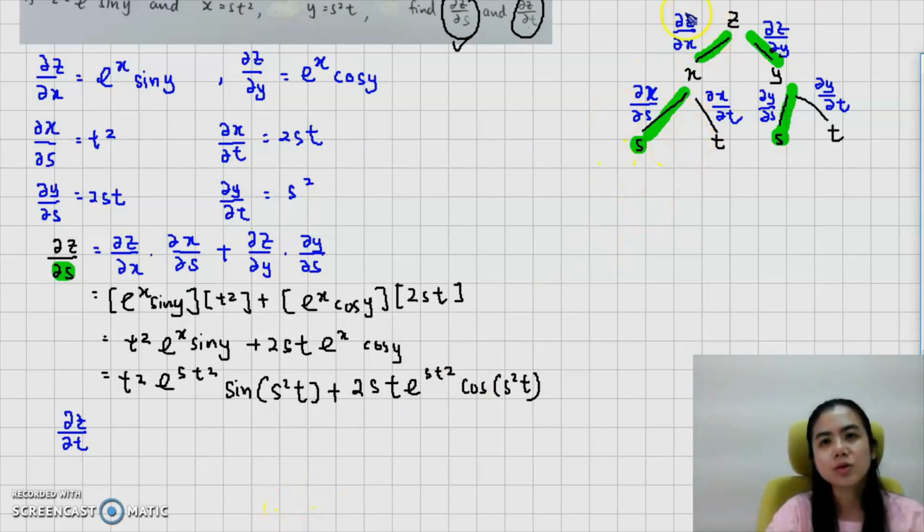Alright, let us see what happens if we're looking for ∂z/∂t. Look at the t node, along the branch that you have the t node, that is this one.